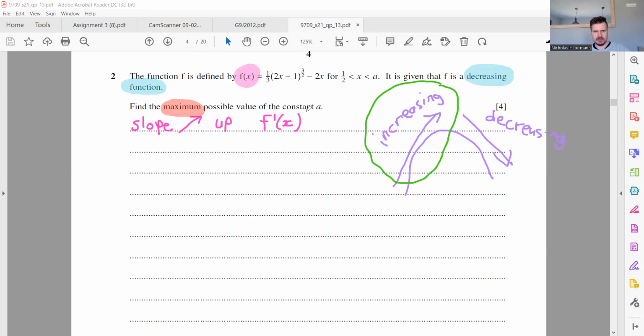Okay. So there's two things. One is we're looking at the slope is increasing, and so our derivative must be positive. And then the other thing is we want the maximum value of the constant. So in other words, if this is going upwards, if this function is going upwards, what is the biggest number that a can be?